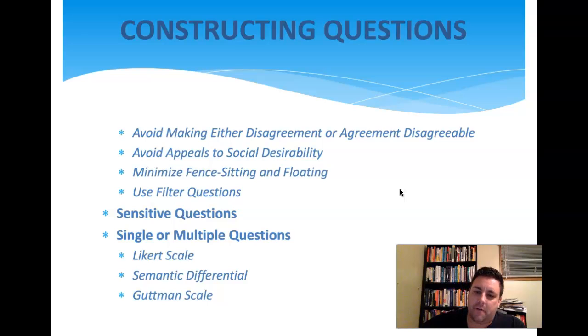So here's an example, and again, if you're following the simple language guideline, you wouldn't fall into this particular trap. But if you gave a statement like, politicians should not take action to limit gun violence.